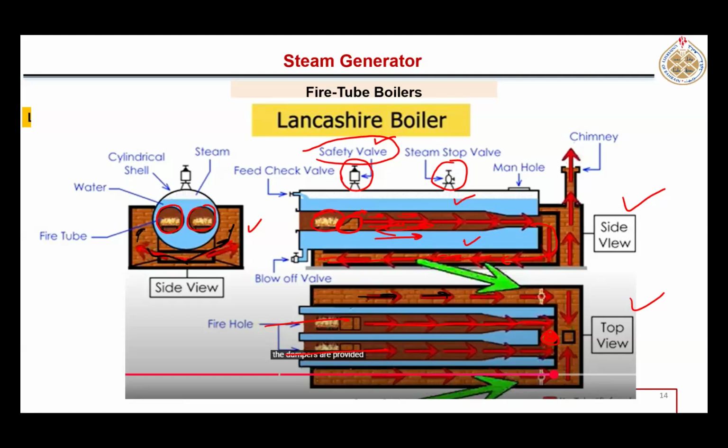First they go like this, then through the bottom, then they divide into two sides, and from these two sides, they are finally leaving. Here is the chimney towards the end. If you do not understand the construction, you can see any video animation on YouTube for Lancashire boilers, and you will understand it. So this is another type of fire tube boiler.